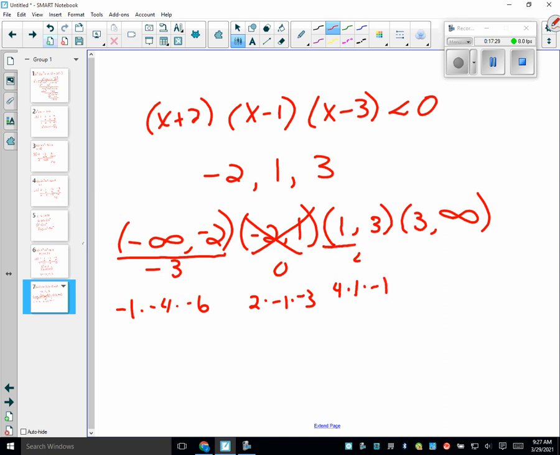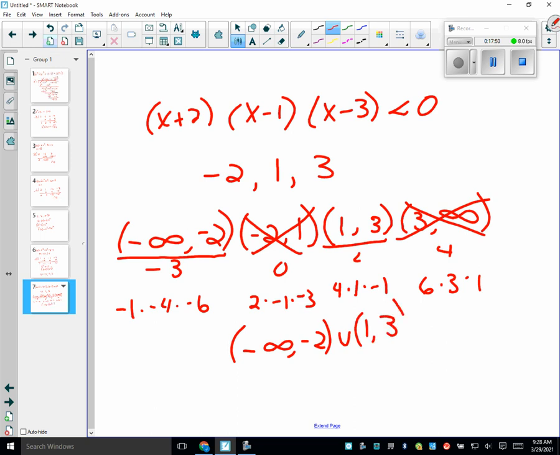That works. And what about the last one? A 4 gives me 6 times 3 times 1. Nope. So my answer is negative infinity to negative 2, and 1 to 3.